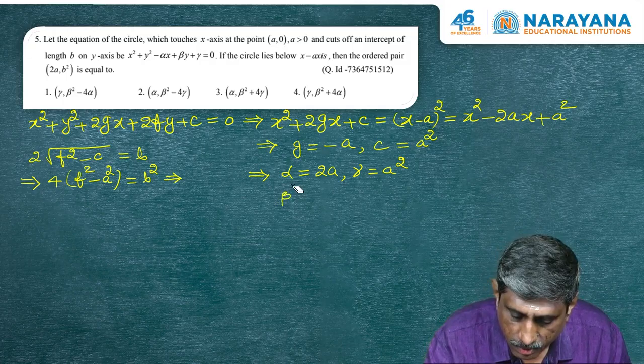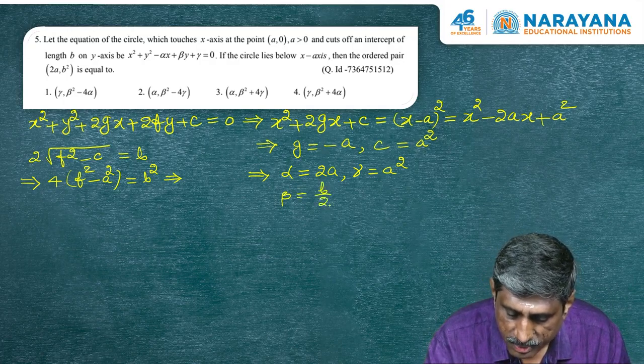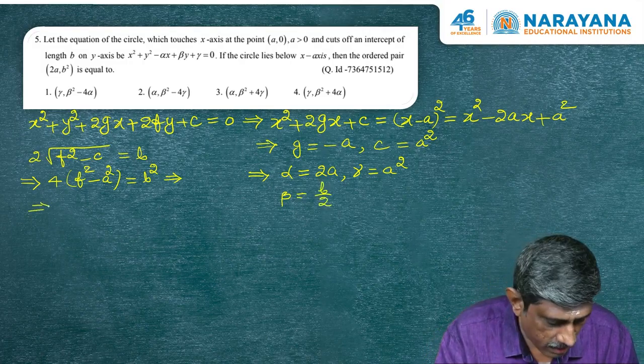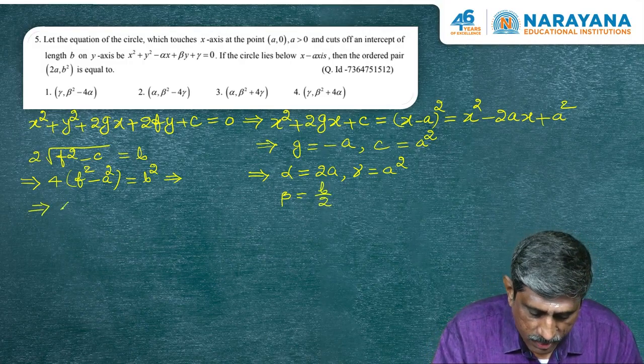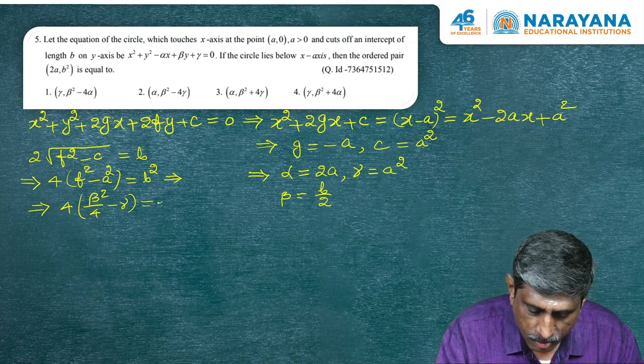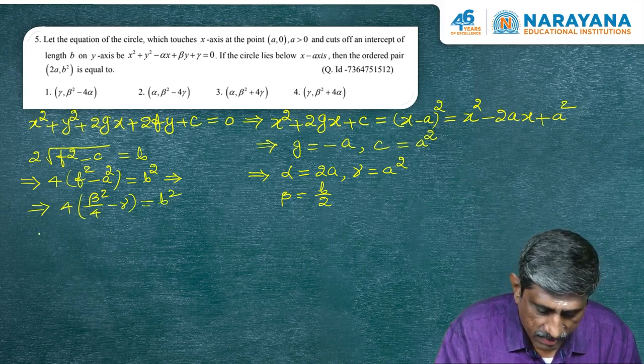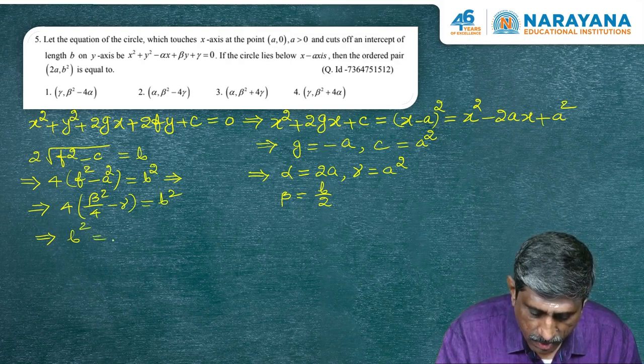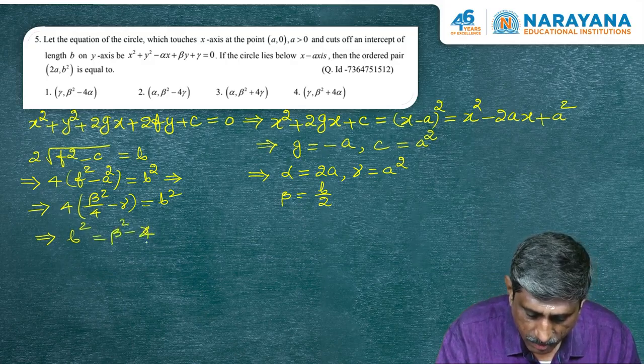When we substitute here, we directly get 4 times (beta square divided by 4 minus gamma) is equal to b square. When we simplify this, we get b square is equal to beta square minus 4 gamma.